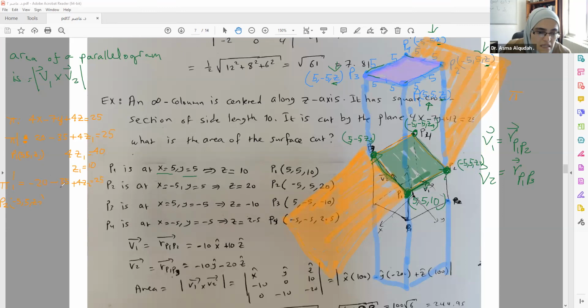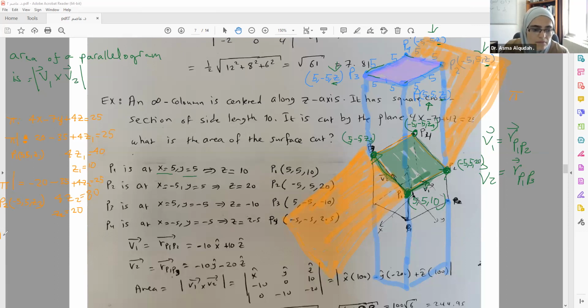We have minus 55, so 4Z2 is equal to 80. So Z2 is equal to 20. This one, Z2, is 20 here.